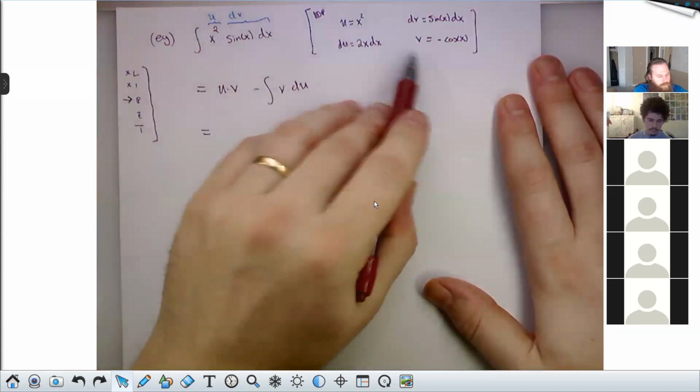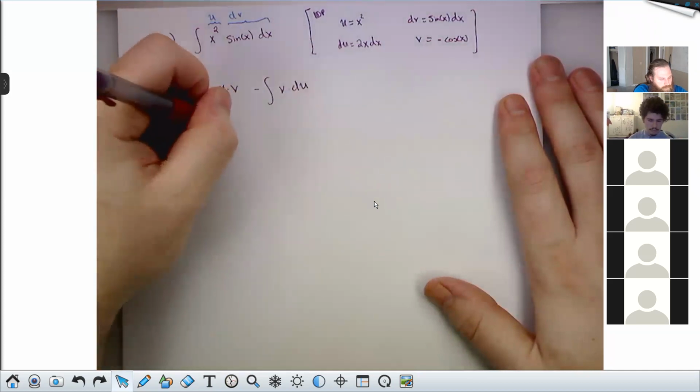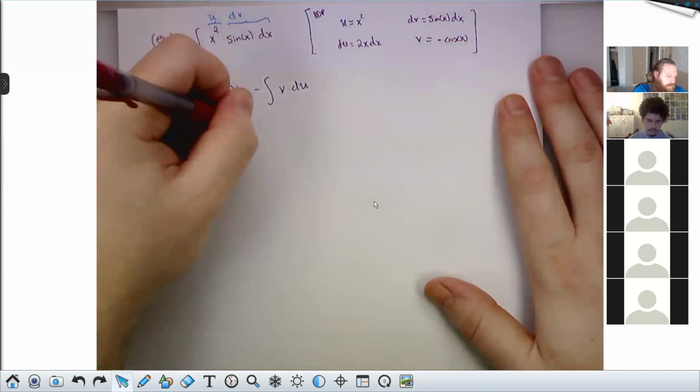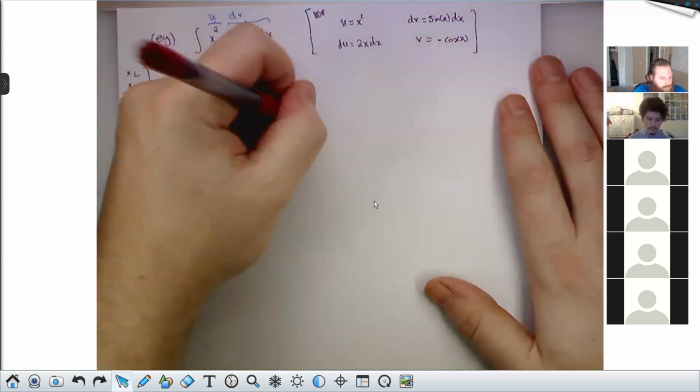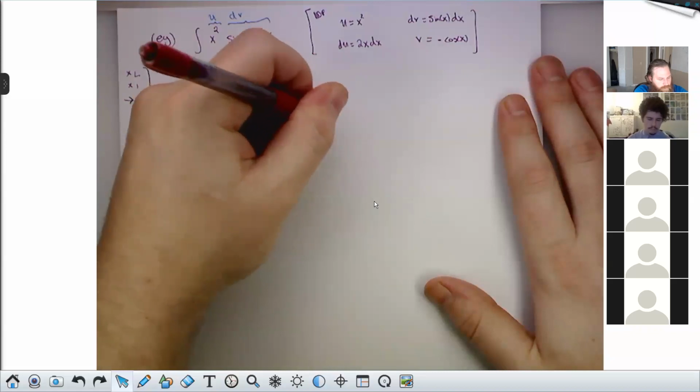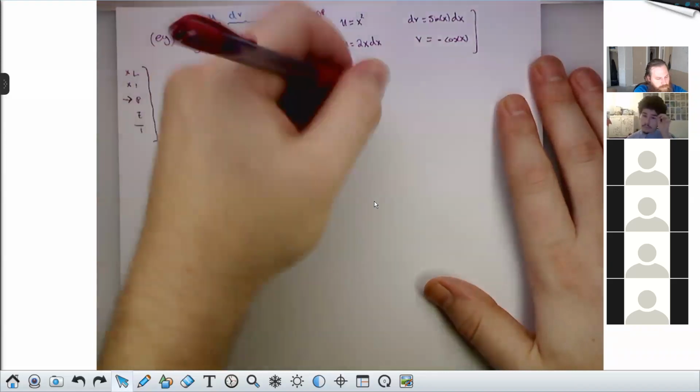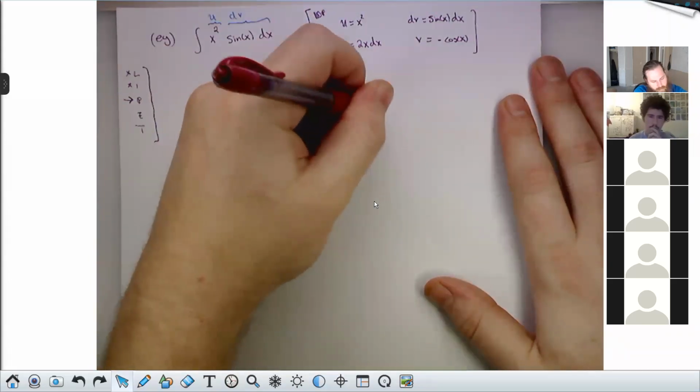So that's x squared times negative cos x minus the integral of v, which is negative cos x, times du, which is 2x dx.